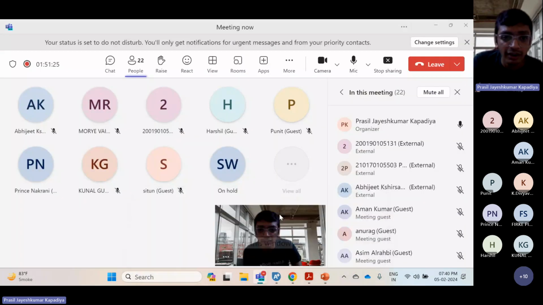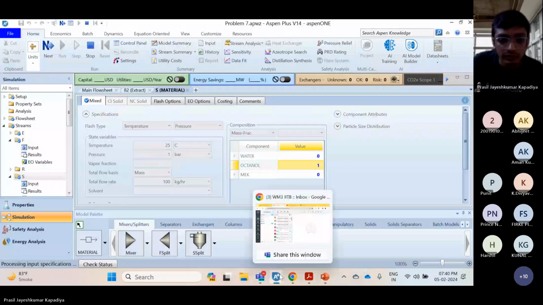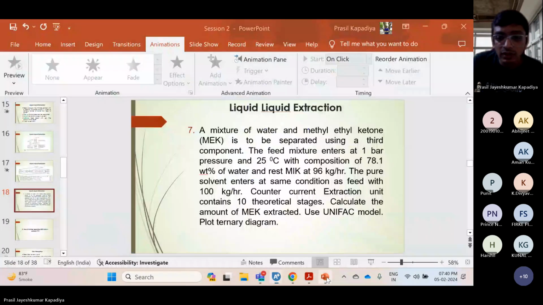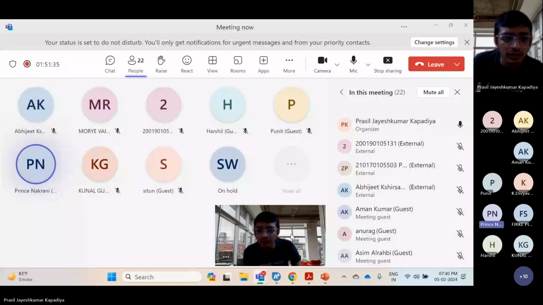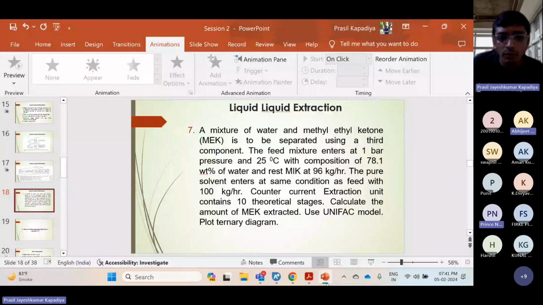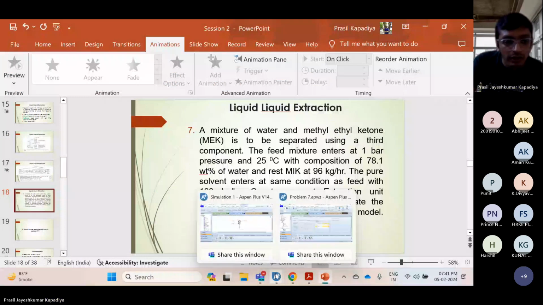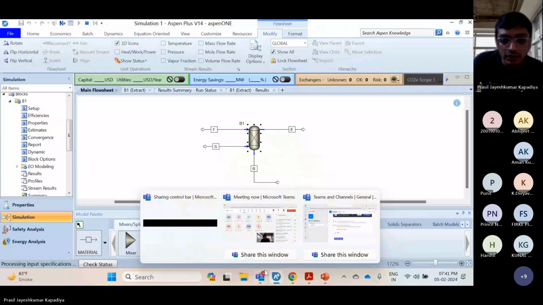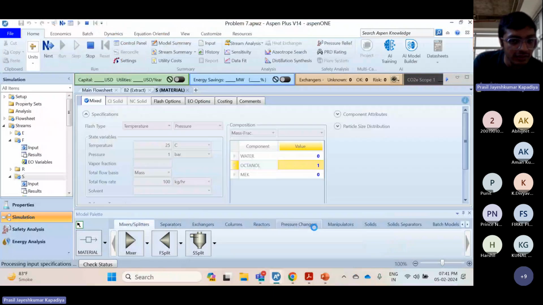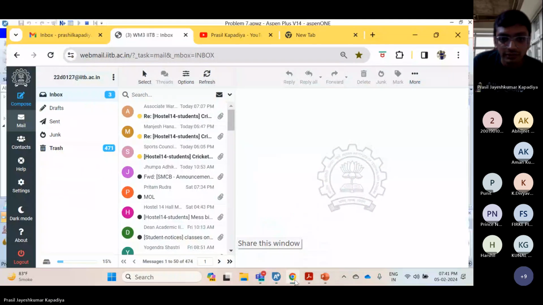I will guide you. Anyone? Sir, it should be 100. So it was one. So mass flow rate is 100. That is correct. Mass fraction is 0.1. Can anyone share the screen? Actually, my Aspen is not working right now. Anyone?